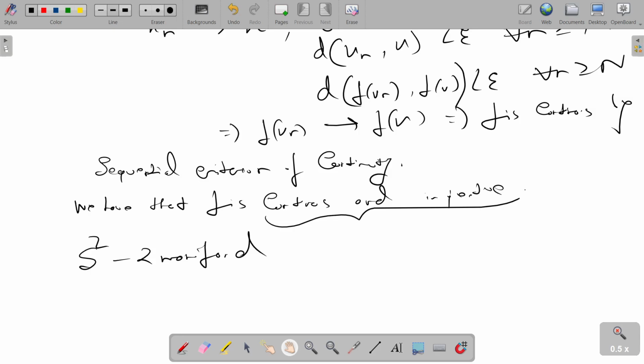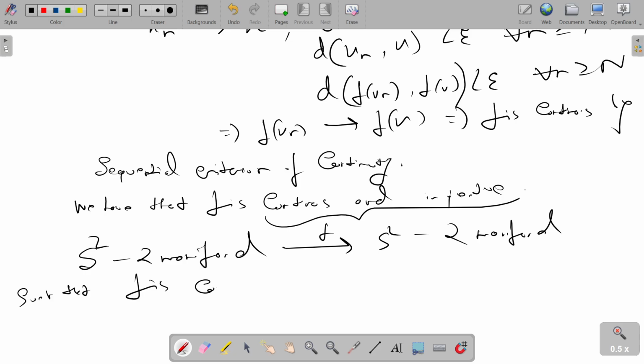So basically this is a two-manifold. So we have a map from S square to S square, such that f is continuous and injective.